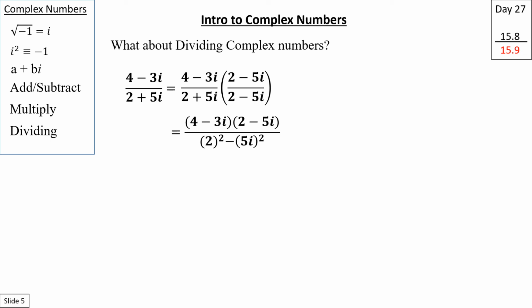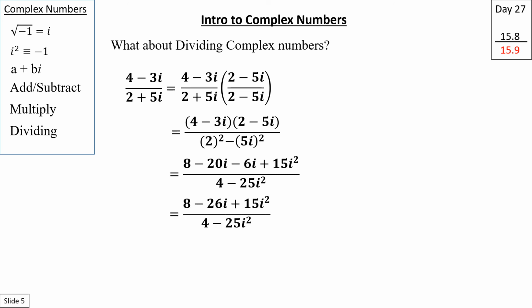And on the top, we just have to FOIL that out now. So on the bottom, we get 4 minus 25i squared. And on the top, we get 8 minus 20i minus 6i plus 15i squared.